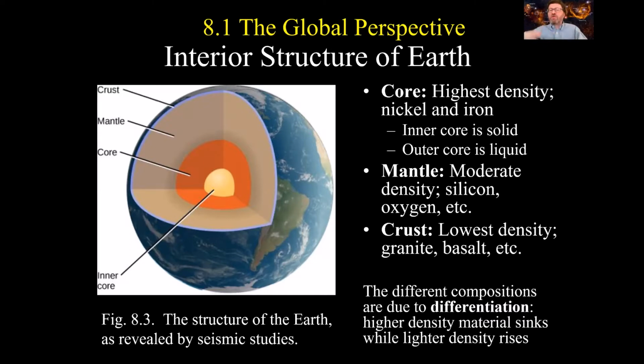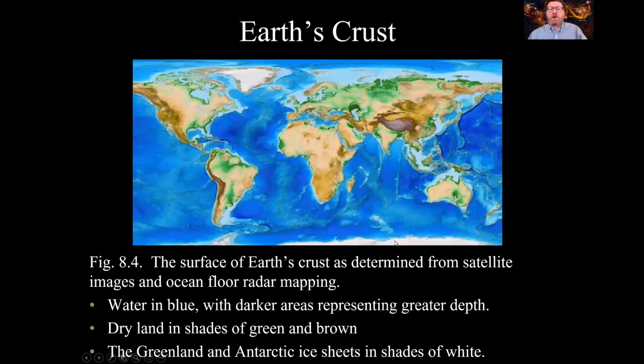And while the Earth formed 4.5 billion years ago, the differentiation occurred, and those denser materials sank down towards the center, ultimately forming the core, and the lighter materials rose up to the surface. Now that uppermost several miles of the crust, here you can see that with this satellite imagery.